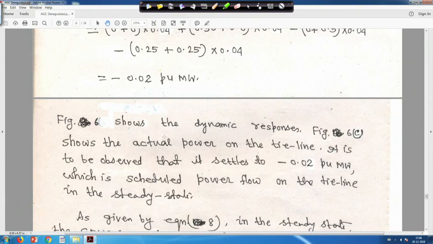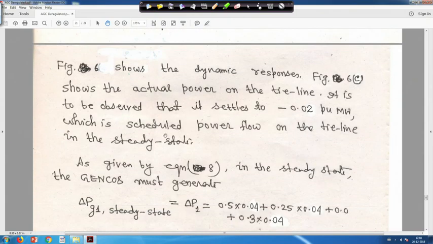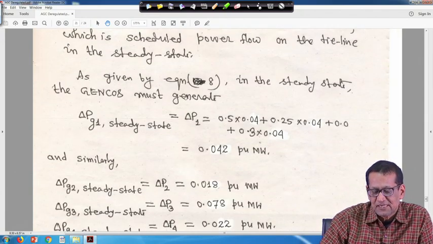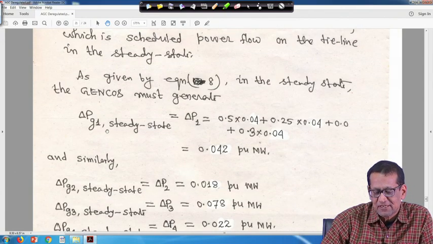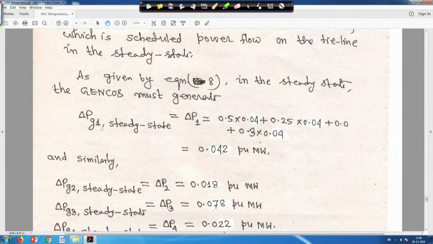Figures I will come to later, but as given by equation 8 you can compute the steady state power generated by each GENCO. That is, delta Pg1 steady state is nothing but delta P1.